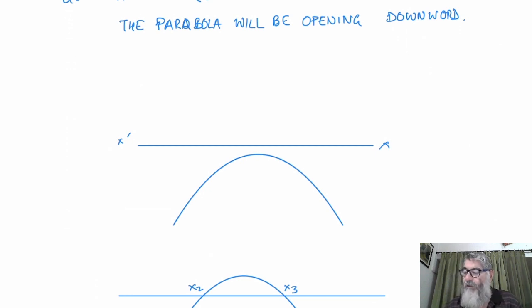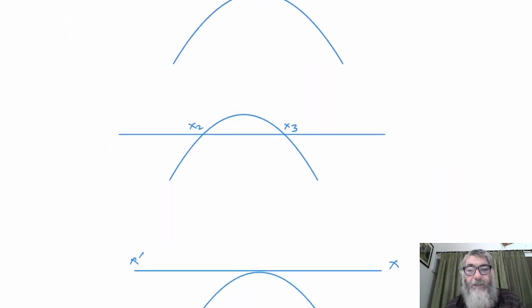One is just below the x-axis. It could be any distance from x-axis. It is just a matter of showing. But it is not cutting or touching x-axis. In the second case, it is cutting the x-axis. In the third case, it is touching the x-axis. So whether opening upward or opening downward, we see that either parabola is totally above x-axis or totally below x-axis.